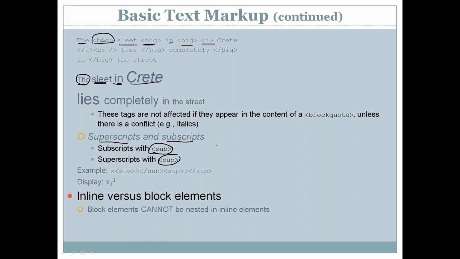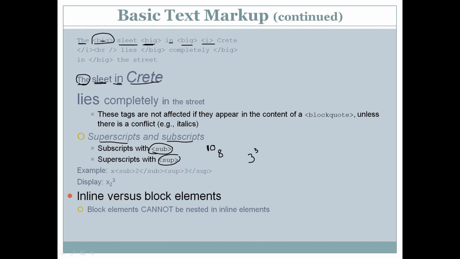If you want to display something like 10 to the base 8, how can this be displayed on the HTML page? This can be displayed on an HTML page by using the subscript tag. Even in case of superscript, I can display something like 3 raised to 3 or 3 raised to 2 by using the superscript tag.